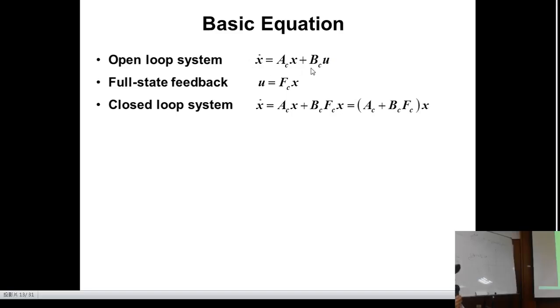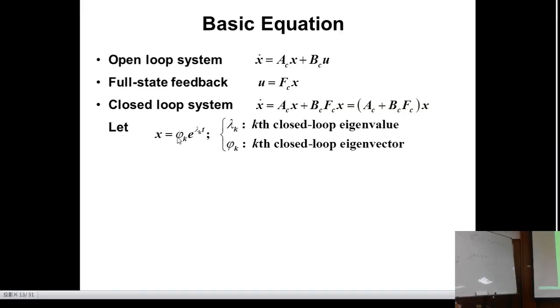In the open loop system, the state matrix is A_C. In the closed loop system, the closed loop state matrix is A_C plus B_C F_C. Now, A_C is given, B_C is given, and F_C is the matrix to be determined. All right? Okay.